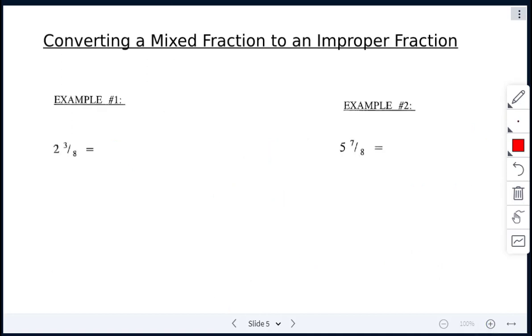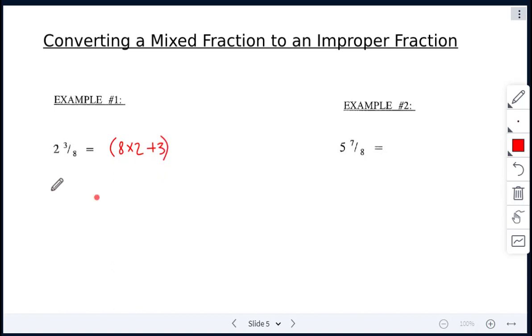So next is converting a mixed fraction to an improper fraction. So like I showed you previously, this part will make more sense. You take your whole number and you multiply it by the denominator. So we're going to take 8 multiplied by 2, and then we add the 3.